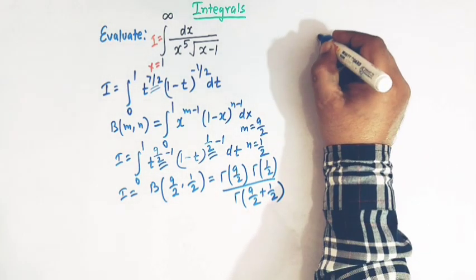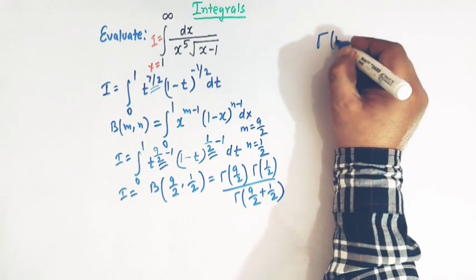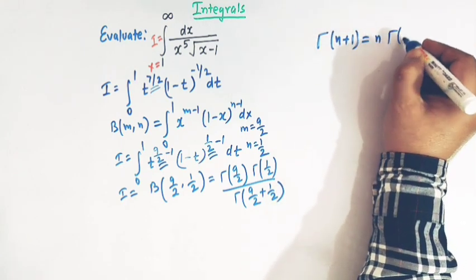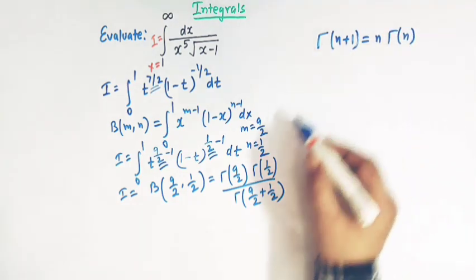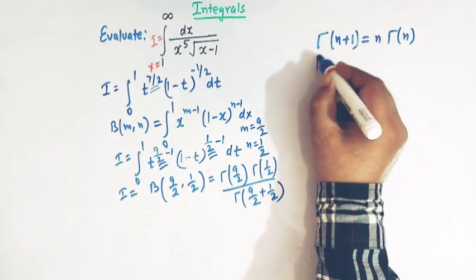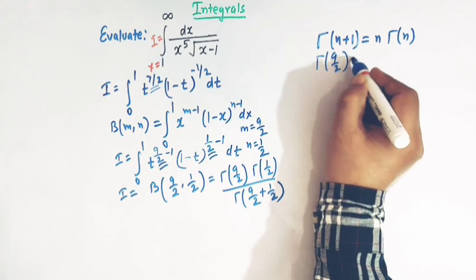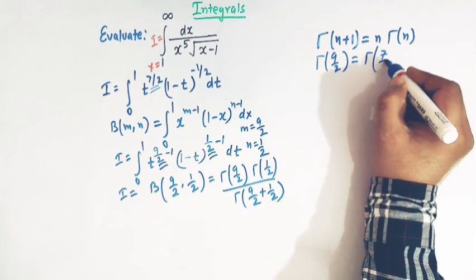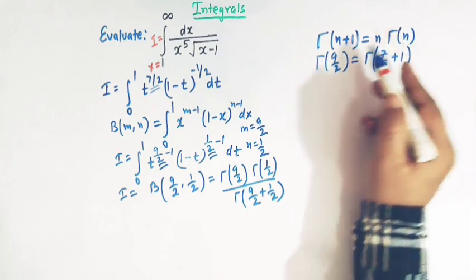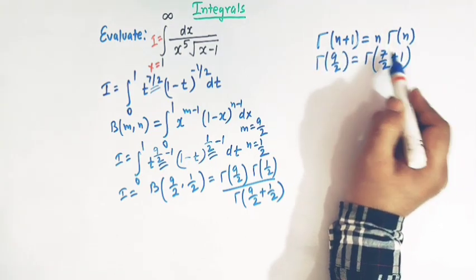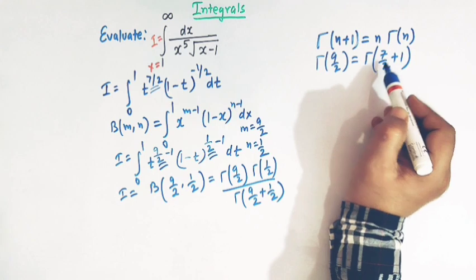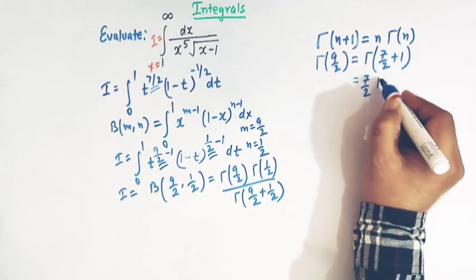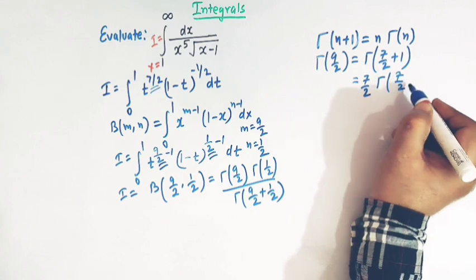See, gamma of n plus 1 can be written as n times gamma of n, right? So here we have gamma of 9 by 2, right? So gamma of 9 by 2 can be written as 7 by 2 plus 1, right? So if we compare 7 by 2 plus 1 with this one, n is 7 by 2. So we have 7 by 2 times gamma of 7 by 2, right?